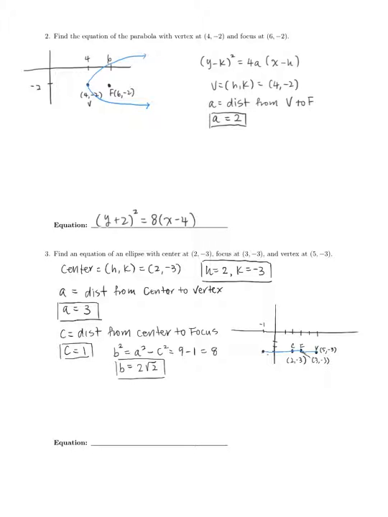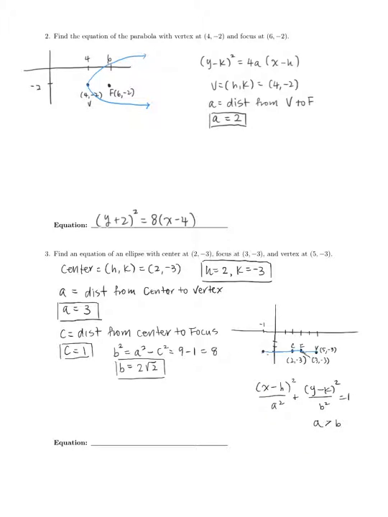Now the equation that we're going to have to use, since the major axis is parallel to the x-axis, is (x minus h) squared over a squared plus (y minus k) squared over b squared equals 1, where a is greater than b.